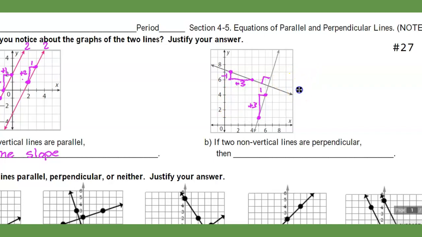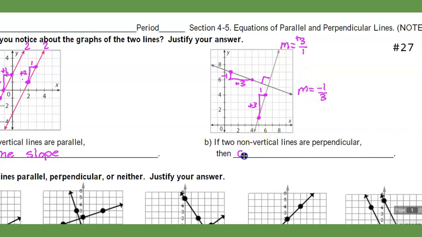So we have 2 slopes. We have this slope, which we usually use m as the abbreviation for slope, because it's how the graph moves. So this is negative 1 over 3. This one up here with a positive slope, I can tell it's positive because it's going up, increasing, is positive 3 over 1. So there are 2 pieces of information that let you know if they are perpendicular. First is you can see that one is positive, one is negative.